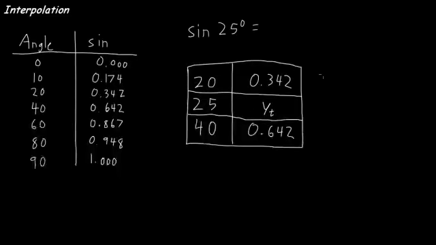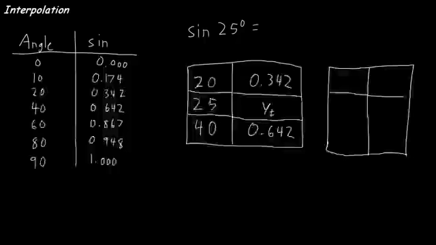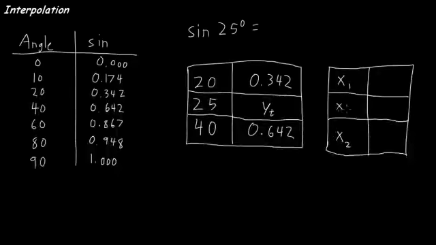So more generally, I would have a table again, 2 columns, 3 rows, and I name these values x1, x2, xt, and y1, yt, y2.